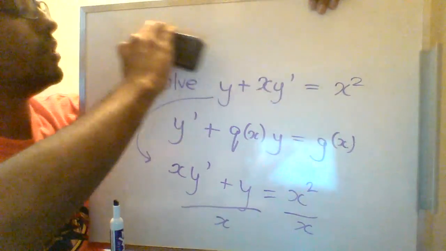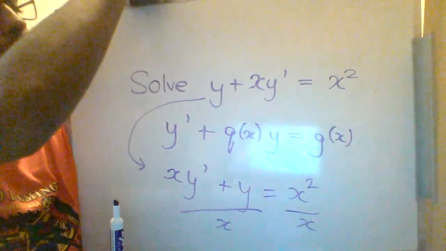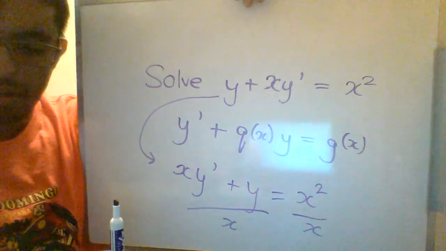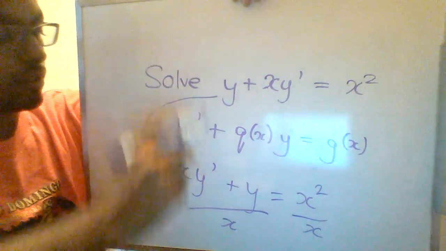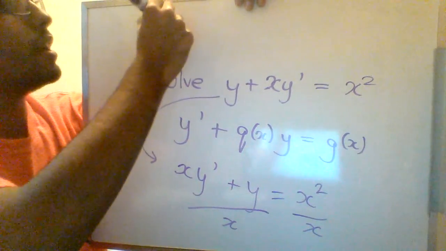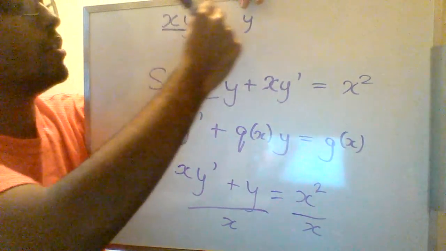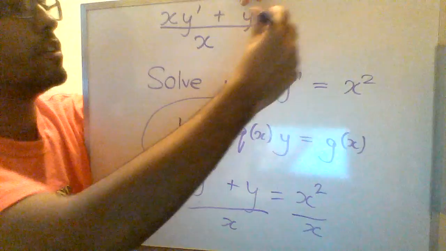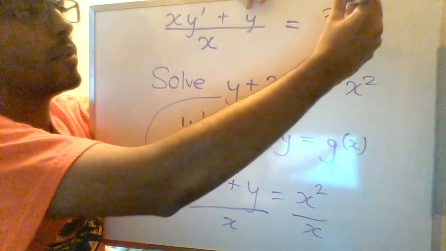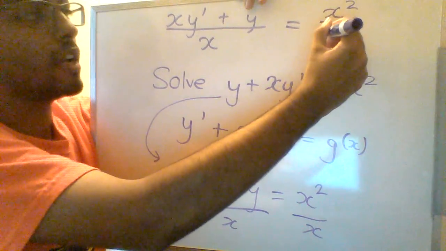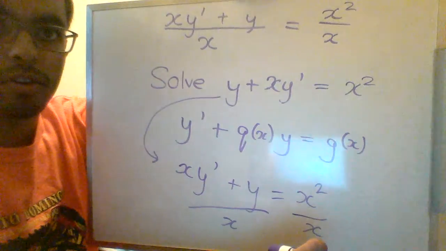What it's going to give you is x y prime plus y, all over x, on this side, equal to x squared over x. I hope you can see that in the corner up there.